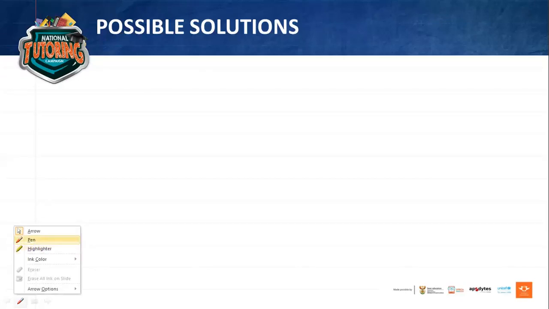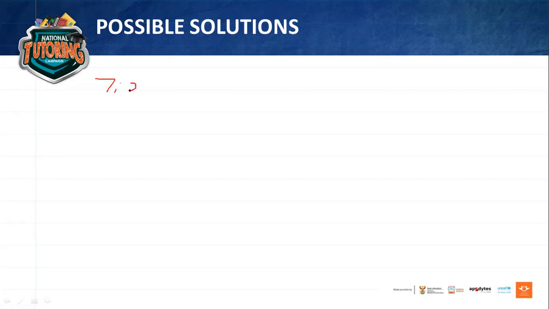So we have 7, we have x, we've got y, and we have also minus 11. So we are told to get x and y.